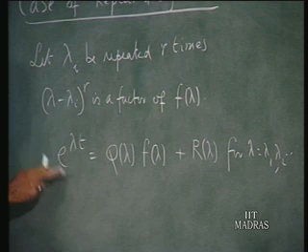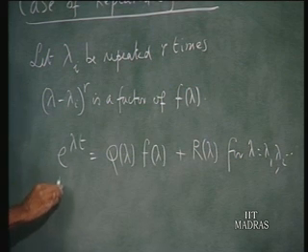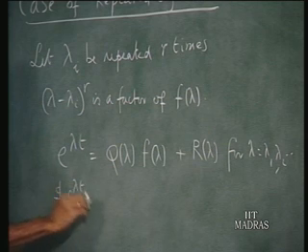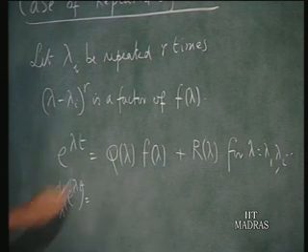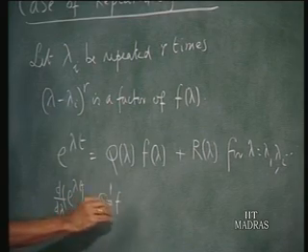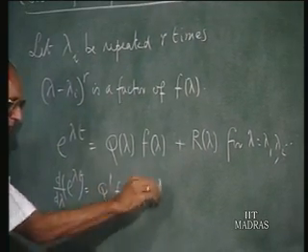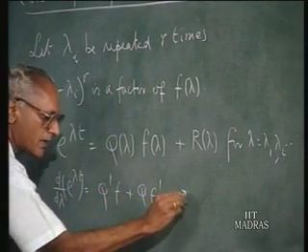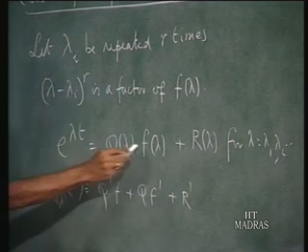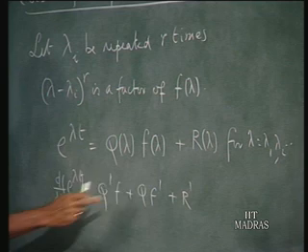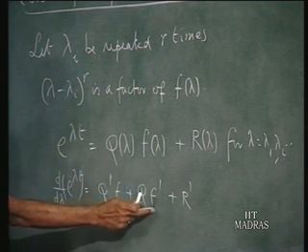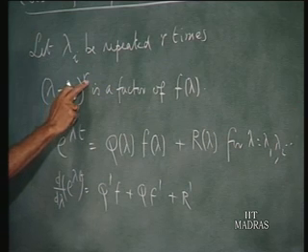But then what you can see is, if f lambda has this particular factor, when you take the derivative of this, say d by d lambda of e power lambda t, then you have q prime f plus q times f prime plus r prime, where the prime indicates the derivatives of the respective polynomials. So if f lambda has this factor, the same factor continues here, but it also continues here with a reduced degree.